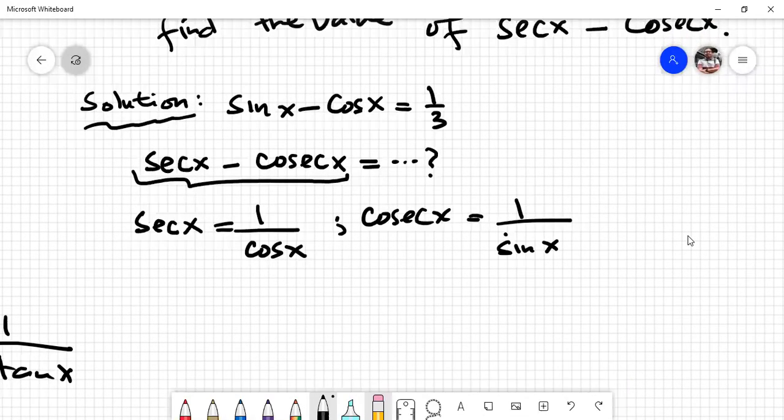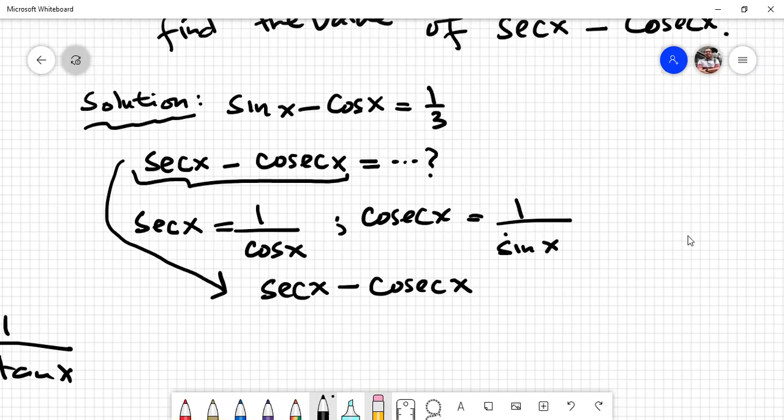The next thing, I can write secant x minus cosecant x equals 1 over cosine x minus 1 over sine x.